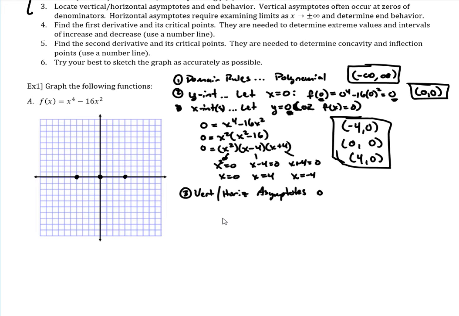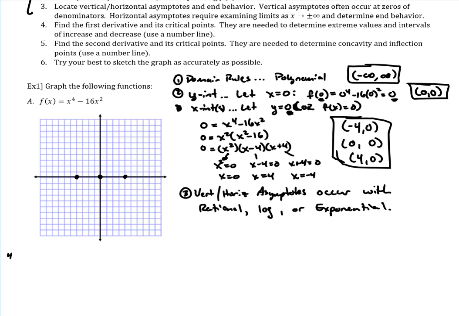But these occur with rational, log, or exponential functions. We don't have that in this problem, so that means we don't have any. So we'll move on to the next part.